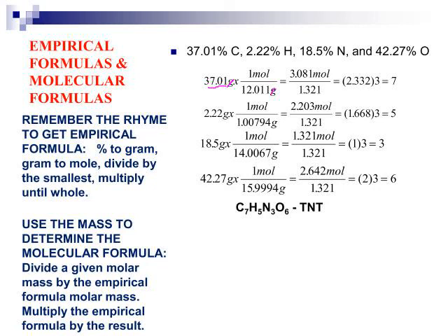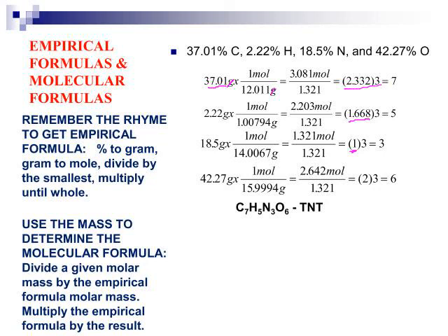So divide by the smallest is the next step, so you divide everything by that small one. The one that you're dividing by is going to be 1, and everything else is going to be higher than 1, unless you had two things that were small. But you can see that this one and this one were not whole numbers, so you're going to have to multiply until whole.